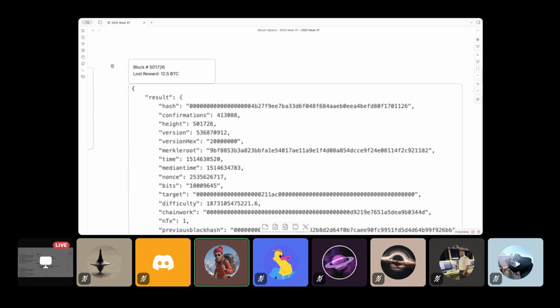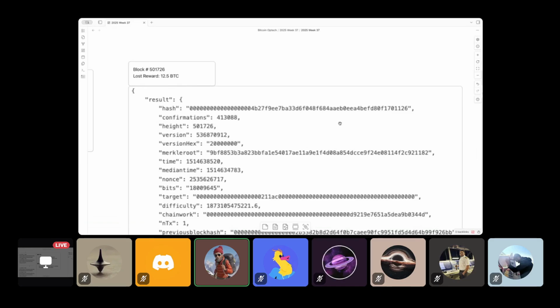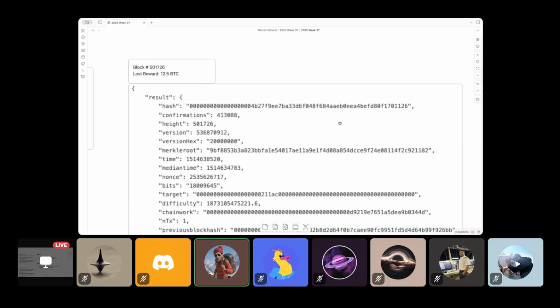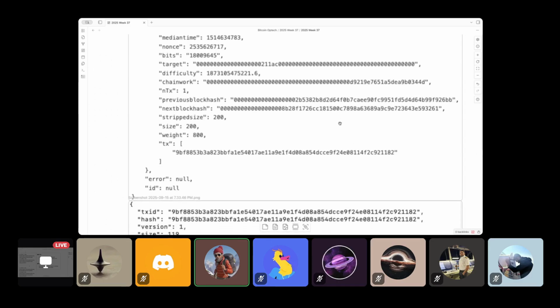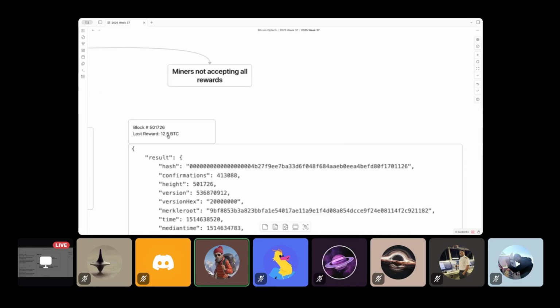In this particular case, our block of interest is 51726. This block was entitled to 25 BTC, but it only claimed 12.5 BTC.